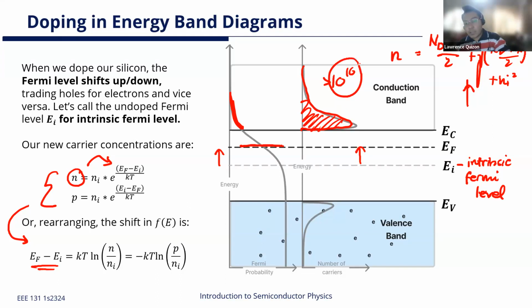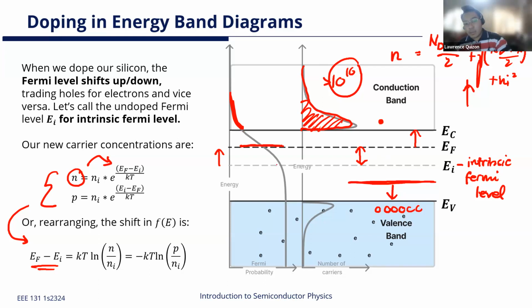The number of total carriers is exponentially proportional to this shift in the Fermi energy level. So that's the intuition that we would like to build here. The closer EF is to, say, the conduction band, the more electrons you will find in the conduction band. Vice versa, if the Fermi energy level was down here, closer to the valence band, we have fewer electrons and more holes. Why fewer electrons?